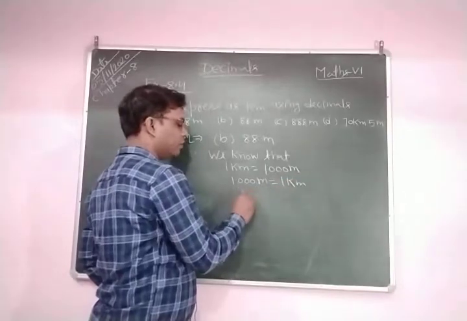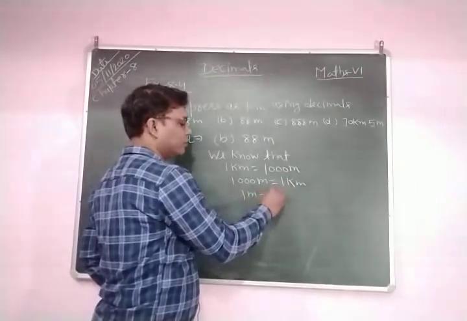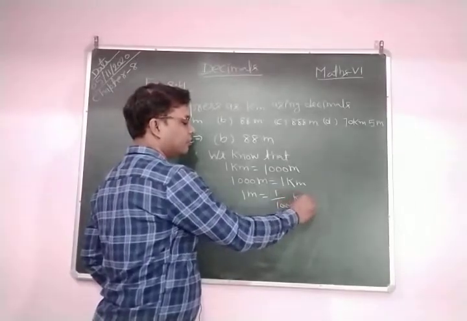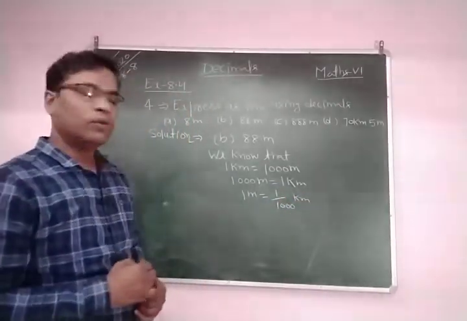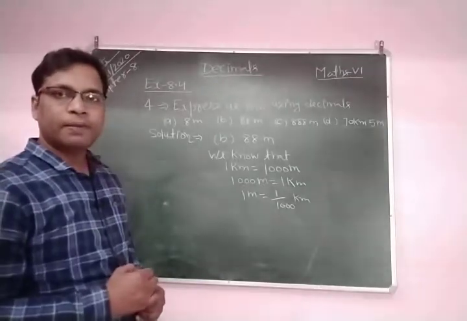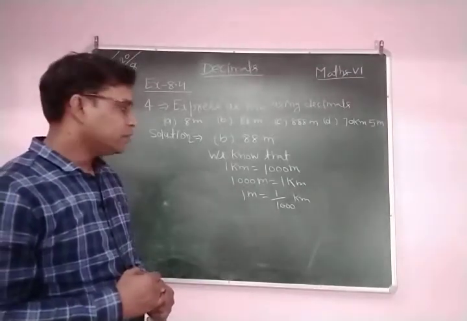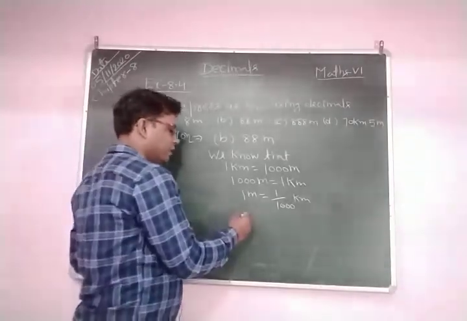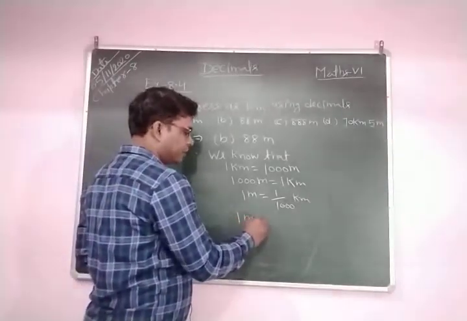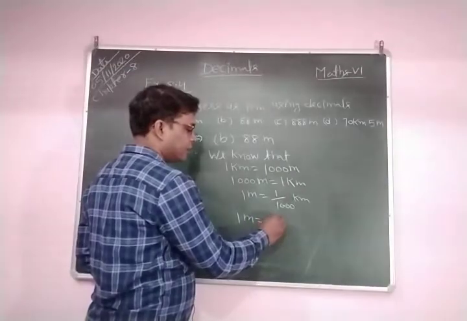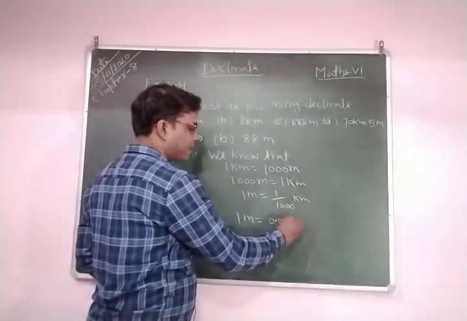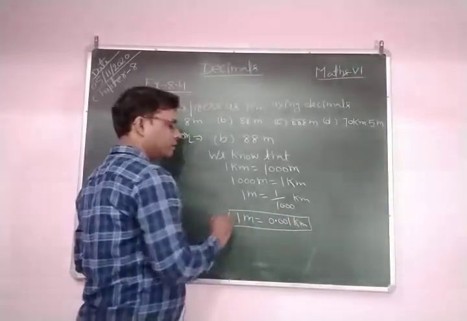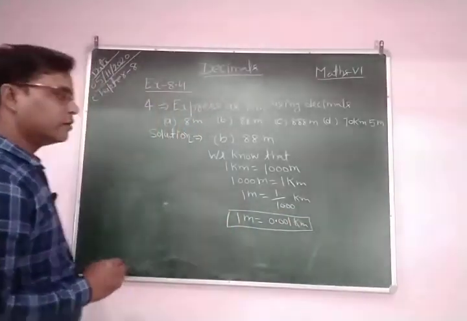Simply we can write 1 meter is equal to what? 1 by 1000 kilometers. Clear? When you divide 1 by 1000, what do we obtain? We obtain 1 meter is equal to 0.001 kilometer. Clear? This is clear.